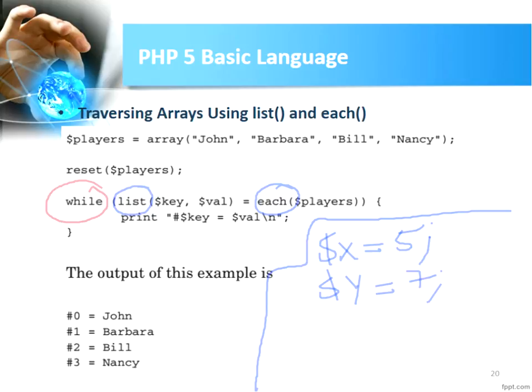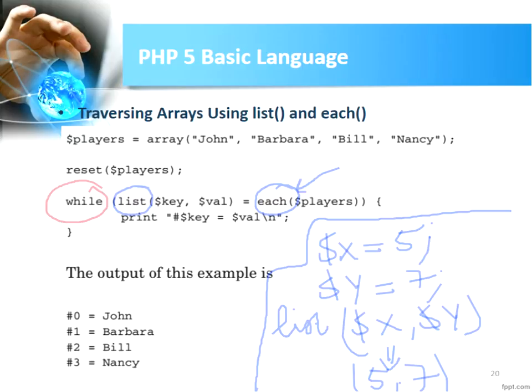So list, for example, if I write $x equal 5, $y equal 7, then list($x, $y) gives me 5, 7 together as a list, like this. Is it clear? The function list. List assigns a list of variables in one operation.